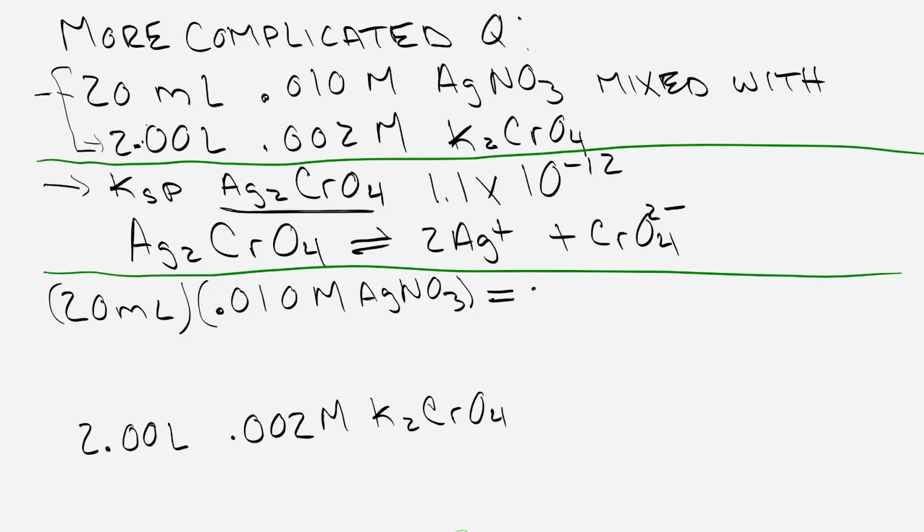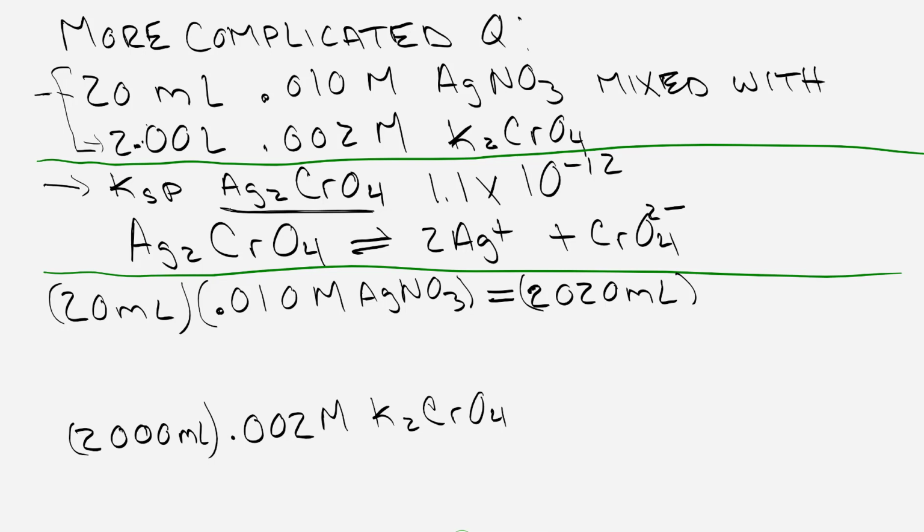Let's just do it in terms of milliliters now, just make life easier. And over here then, I'm going to have the two mixed together. I'm going to have 2,020 milliliters.